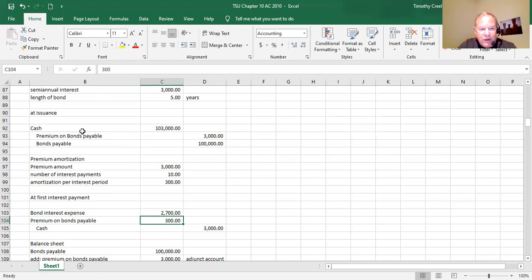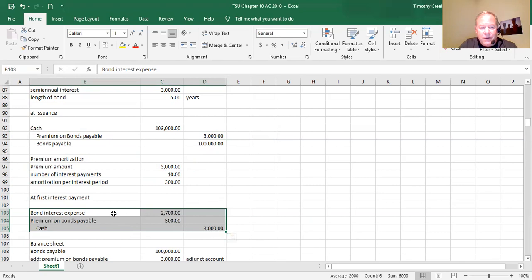Remember that we initially credited the premium on bonds payable, so as we're amortizing it off, we're going to debit it and reduce the premium over the life of the bond. And the credit to cash here is for the amount of money that we're paying to the bondholders for interest.